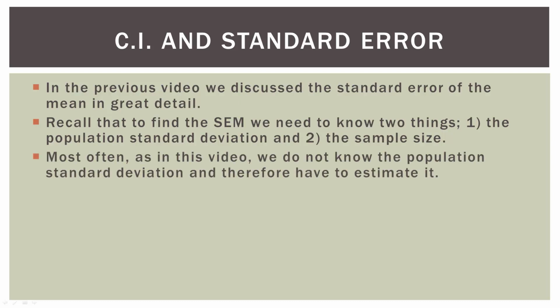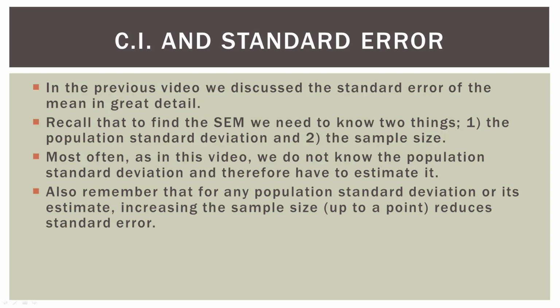Now, most often, as in this video, we do not know the population standard deviation, and therefore we have to estimate it. Now, also remember that for any population standard deviation or its estimate, increasing the sample size up to a point reduces standard error. So this makes sense statistically, but I actually want you to think about it more in sort of common sense terms.